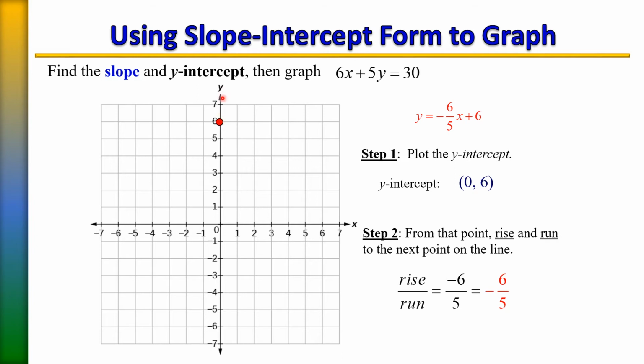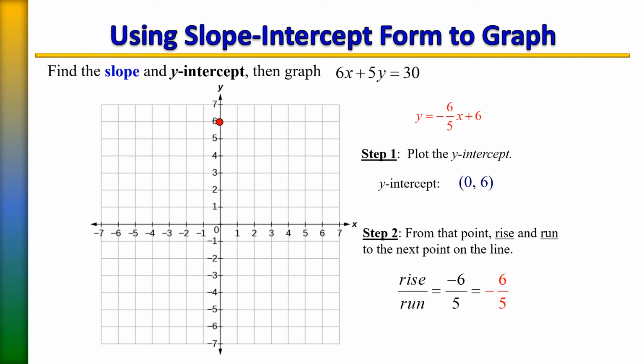And I just don't have the space here for this small graph on our screen. So that is why we chose to make the top negative, so that we can fall down from that point. And that would mean that the bottom would have to be positive. So again, anytime your slope is negative, either the top is going to be negative or the bottom is going to be negative, not both.